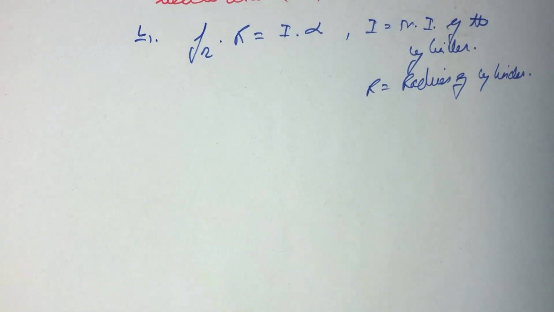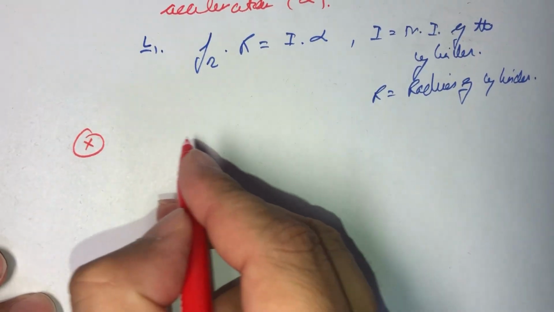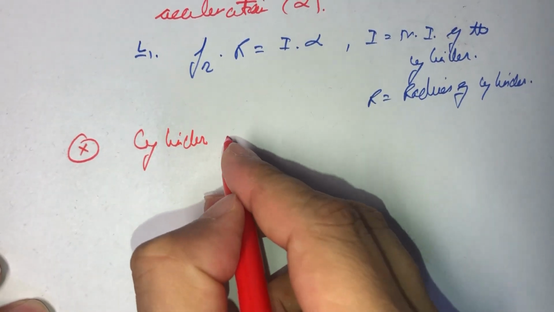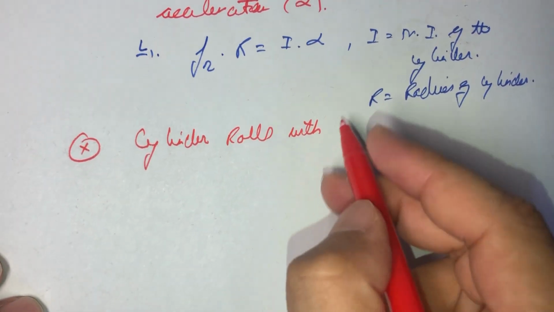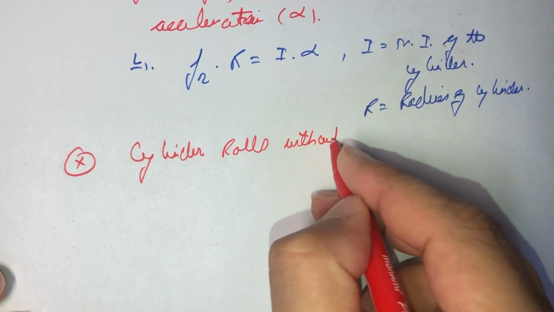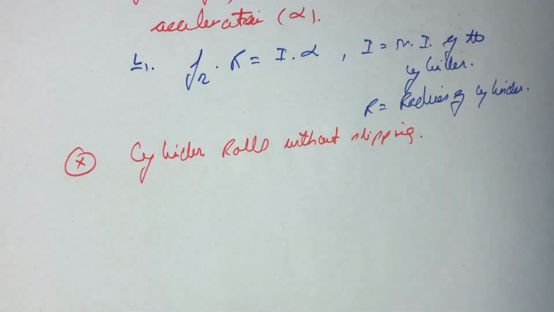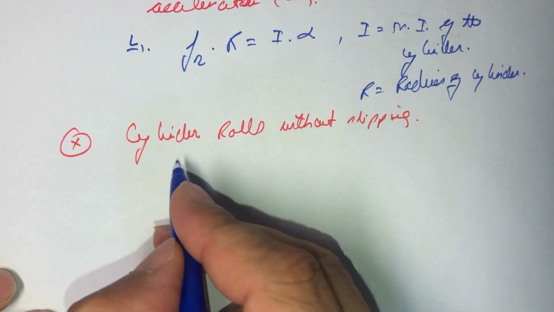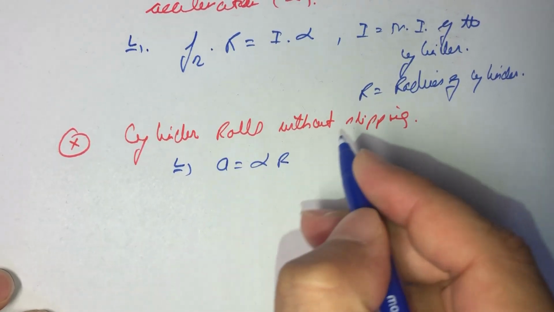Now it is also given that it is pure rolling motion, the cylinder rolls without slipping. Therefore, we can write the relationship between the linear acceleration as well as angular acceleration. So therefore, we can say A will be equal to alpha multiplied by r.